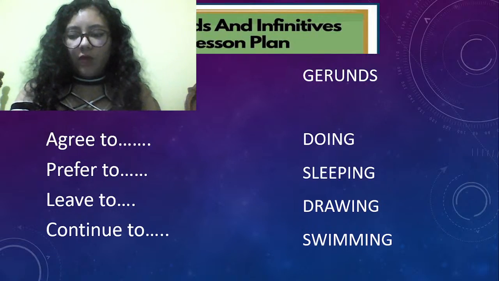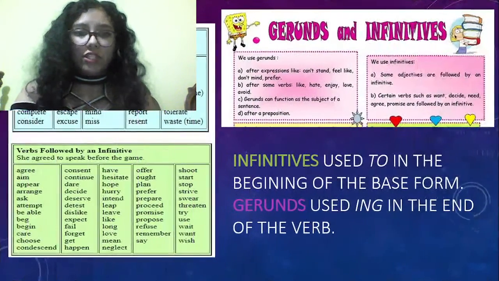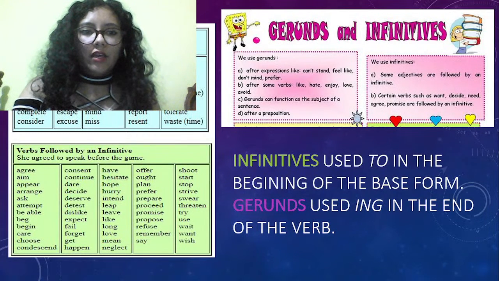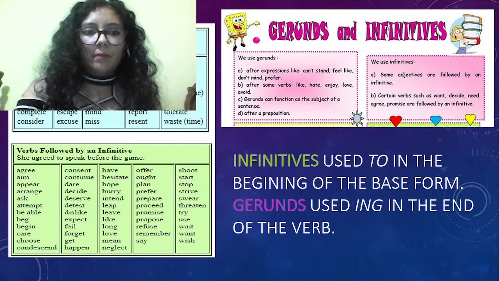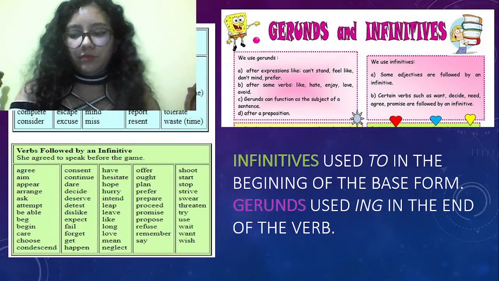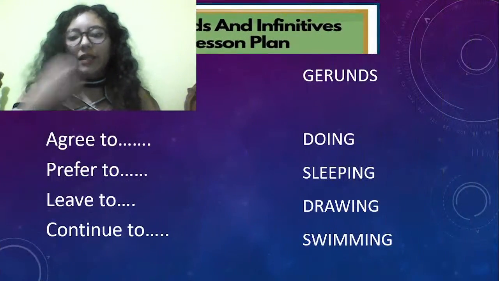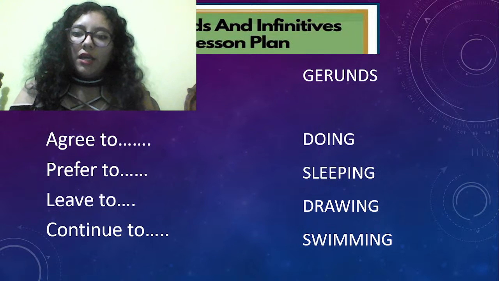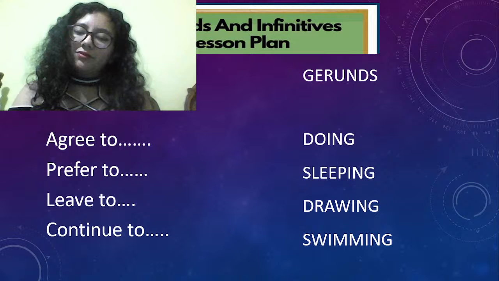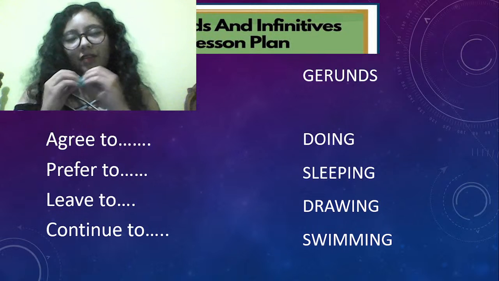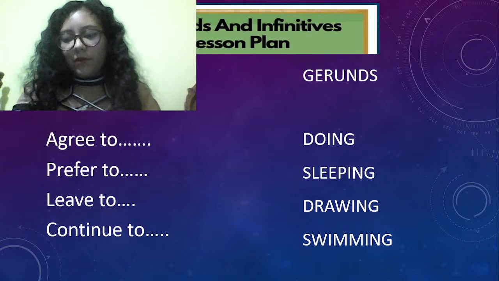Well, about the gerunds, in the blue chart you can see the verbs: admit, advise, finish, permit, resist. For example, dying, sleeping, drawing, swimming are all verbs with the suffix ing at the end. Continue.